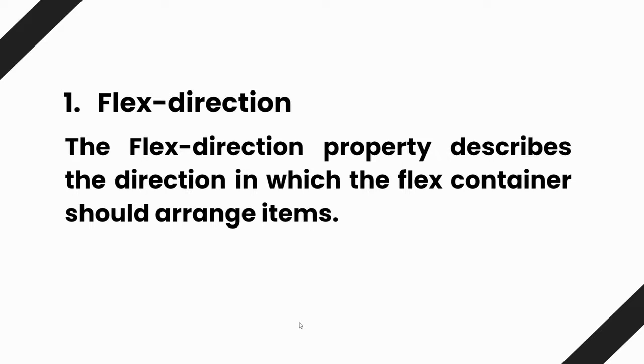So this particular property is used to define how the flex container should arrange the items, in what direction, which could be horizontally or vertically. So we'll be seeing that later on. But for now, just know that this property is used to affect the direction of the arrangement of items.